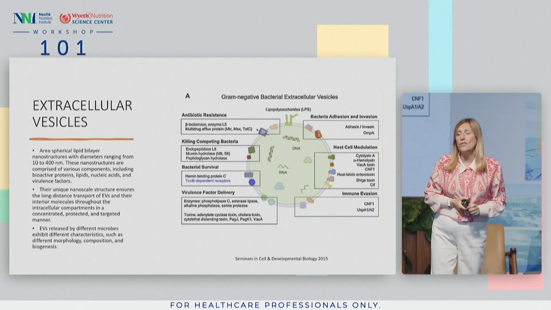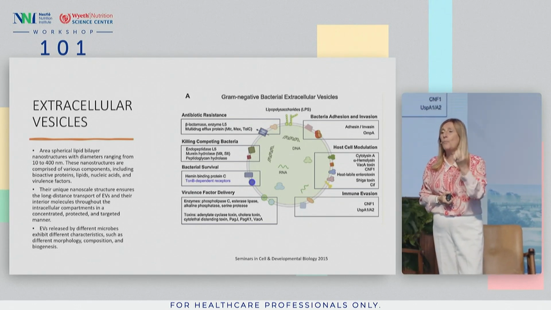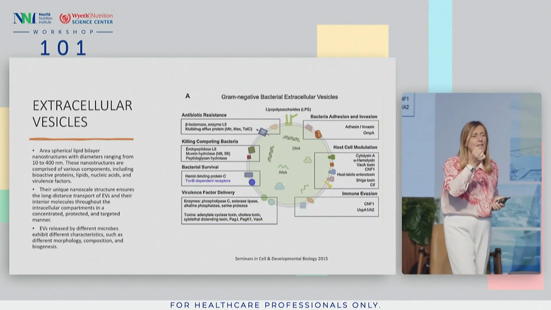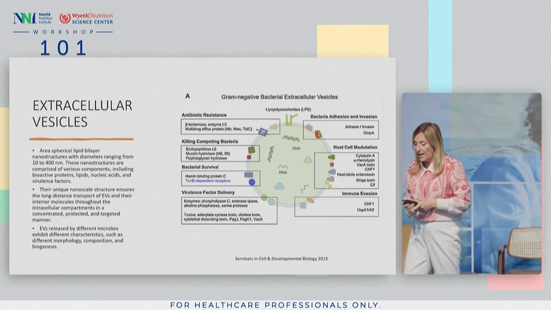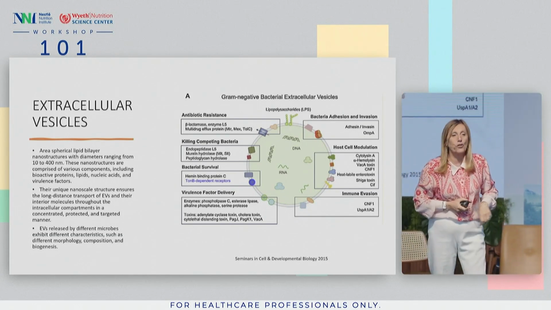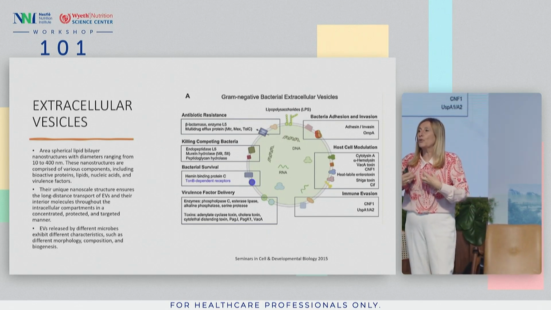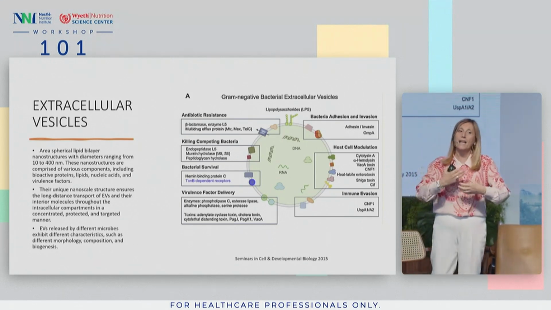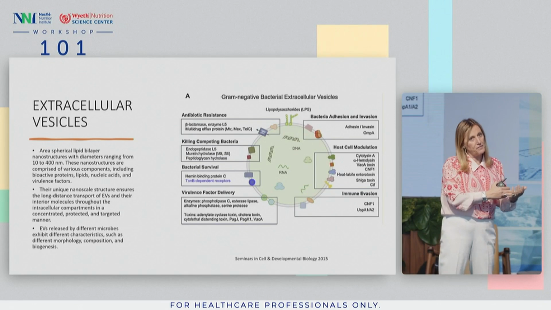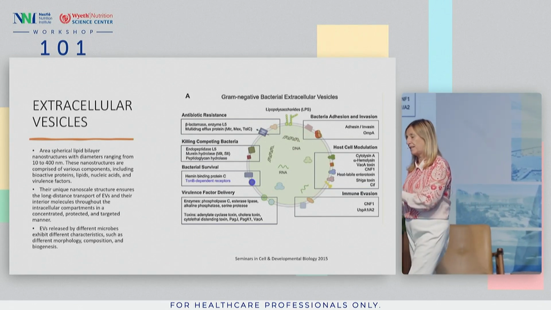These extracellular vesicles are nanoparticles. Nano means they are very, very tiny. Look at this: it's 10 to 400 nanometers. These vesicles are produced by bacteria, and they differ between gram-positive and gram-negative bacteria.